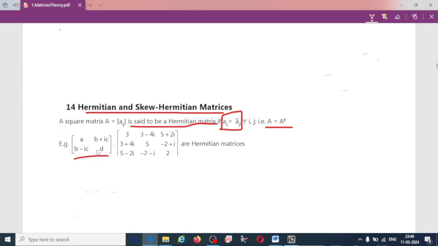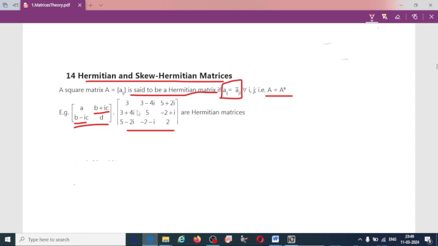The elements above and below the diagonal are complex numbers, b plus ic and b minus ic. Here this is a 3 cross 3 matrix with complex numbers but opposite in sign above and below the diagonal elements.